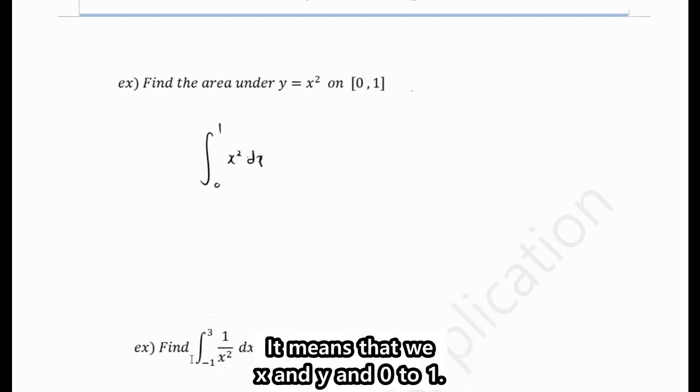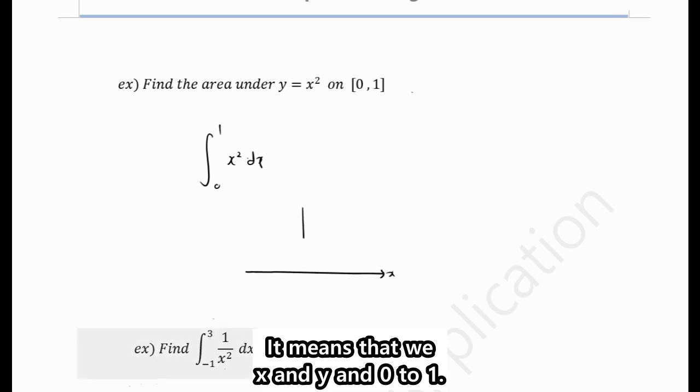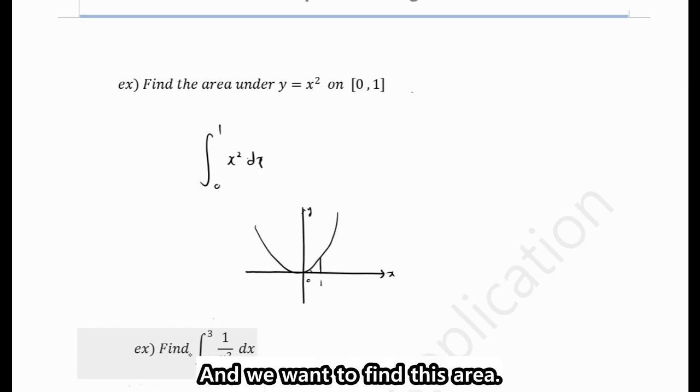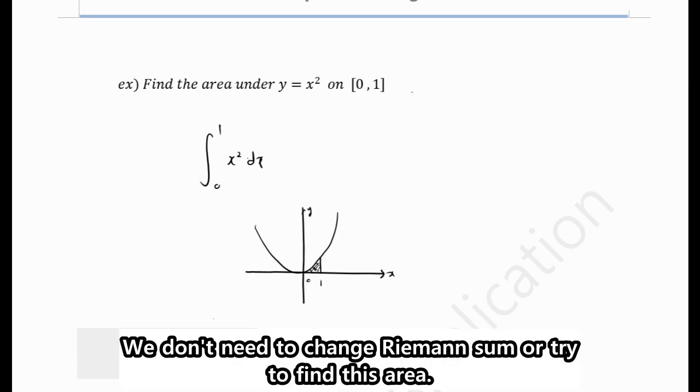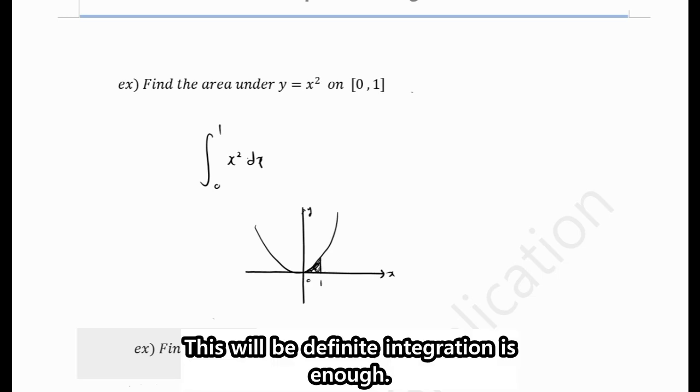So on the x and y axes, from 0 to 1, we want to find this area. We don't need to change to a Riemann sum or try to find this area. Just the definite integral is enough.